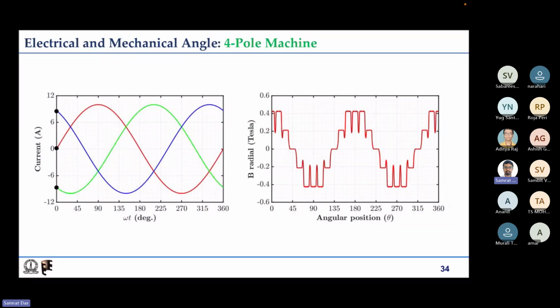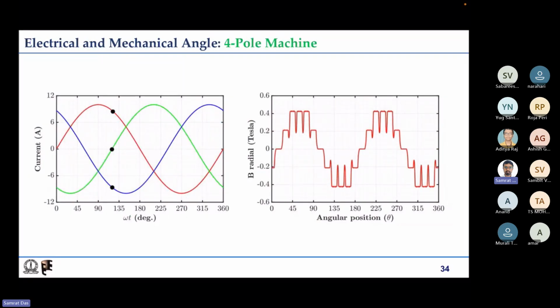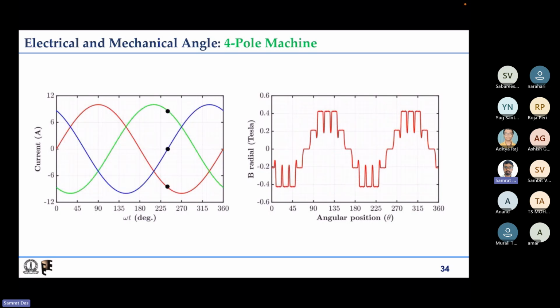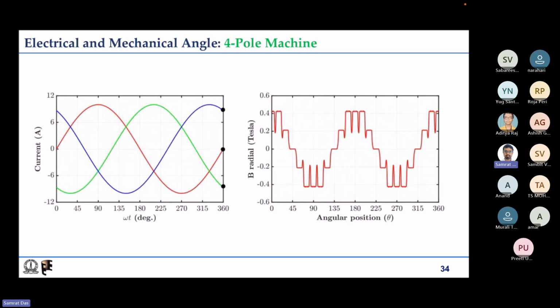But as we go to a four pole machine, with completion of one electrical cycle, in space, in the air gap, the B distribution only rotates by 180 degrees. That is, it completes half a rotation.